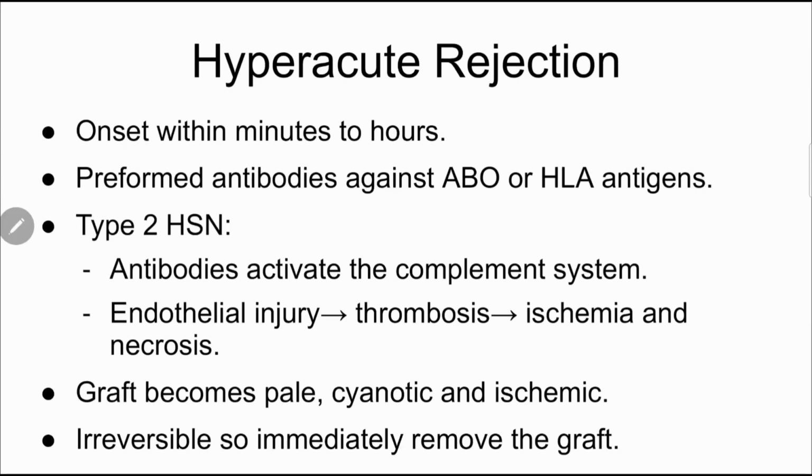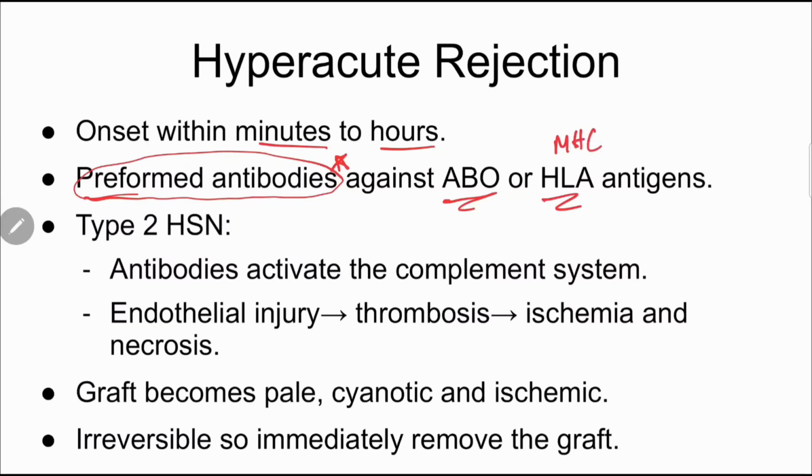Okay, now first let's start with hyperacute rejection. Like I said, the onset is within minutes to hours. Now, how does rejection happen? It is due to preformed antibodies against the ABO or HLA antigens. So remember, preformed antibodies. I've already talked about ABO blood group and HLA antigens, which constitute your MHC molecules.